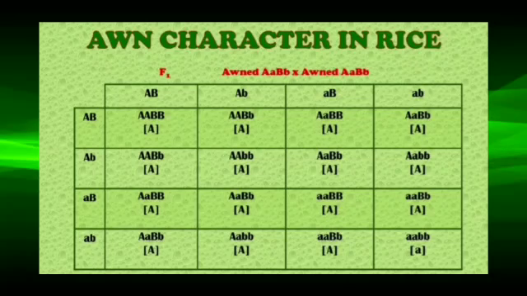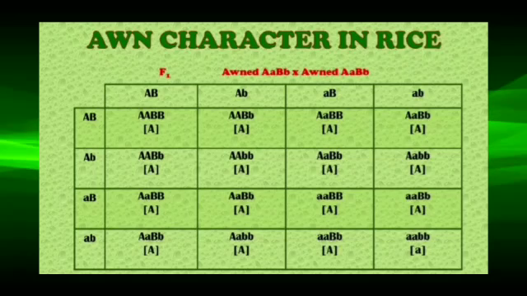The allele capital A is epistatic to capital B or small b alleles, and all plants having one capital A allele will develop awn. Another dominant allele capital B is epistatic to alleles capital A or small a. So individuals with this allele also will develop the awn character.